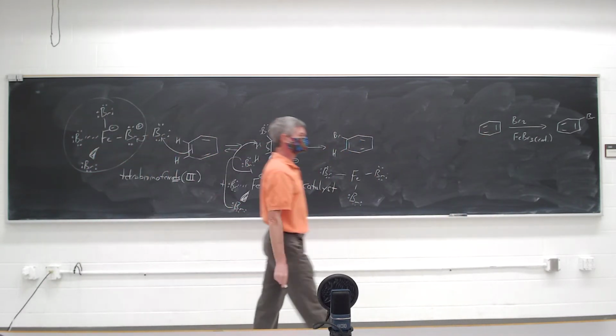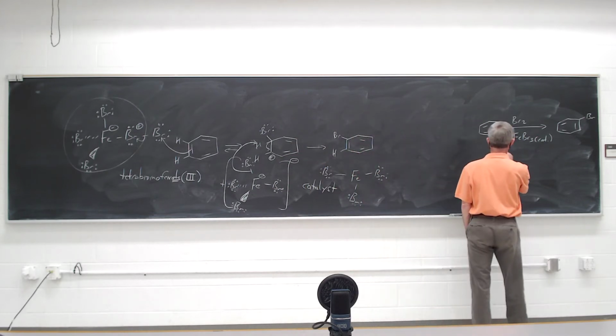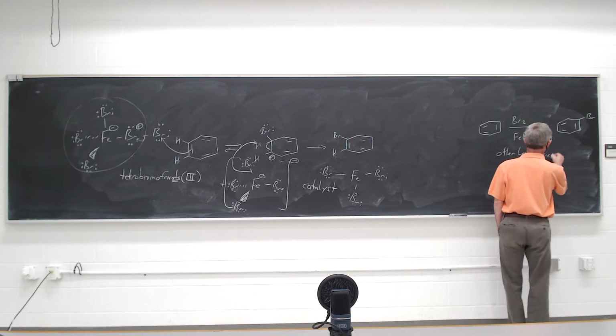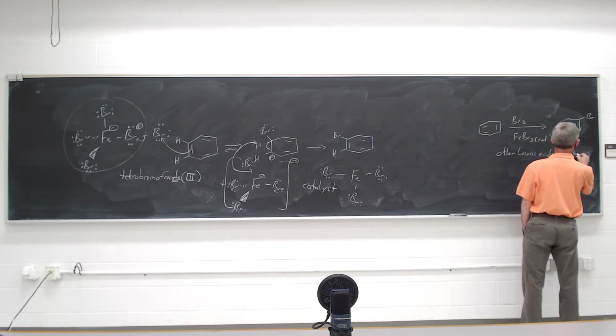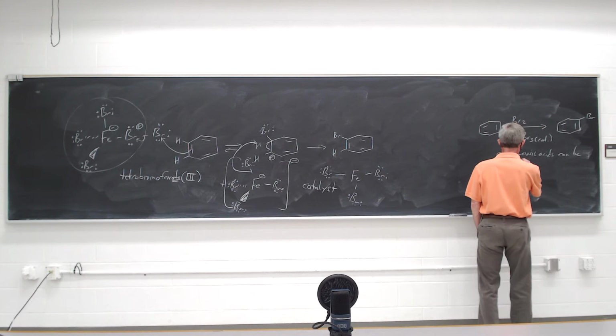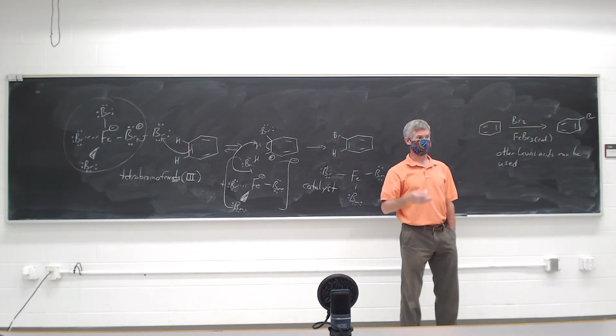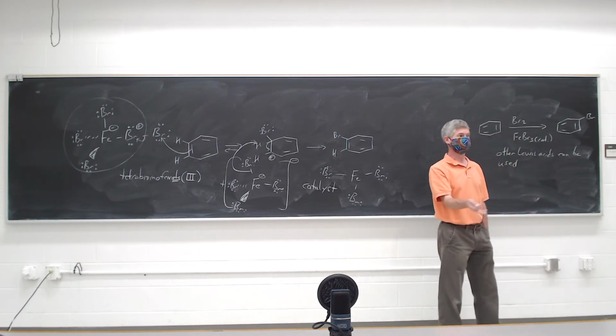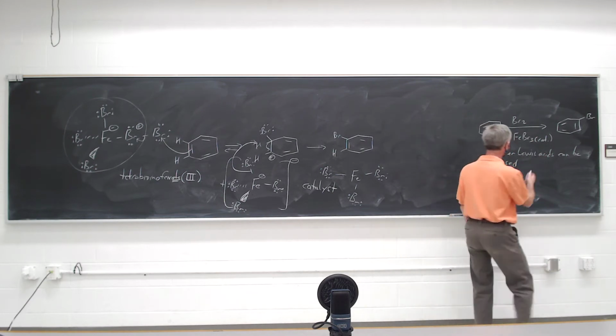It's not the only Lewis acid catalyst. Other Lewis acids will work. Basically what we want is a metal or a non-metal in a high oxidation state, and bromine's on there, right? So we don't have multiple different halogens.